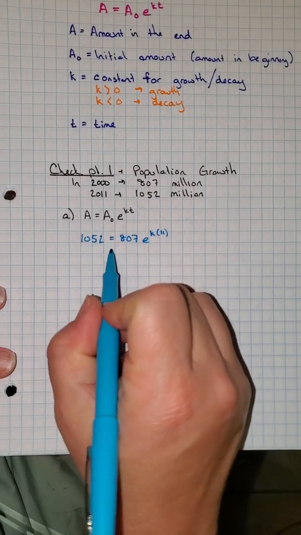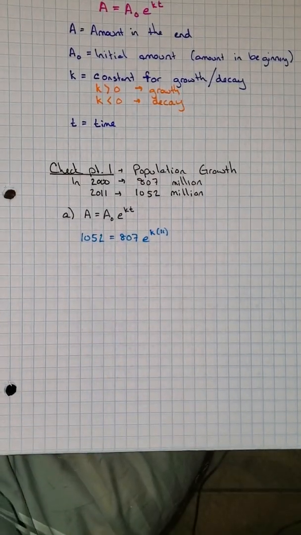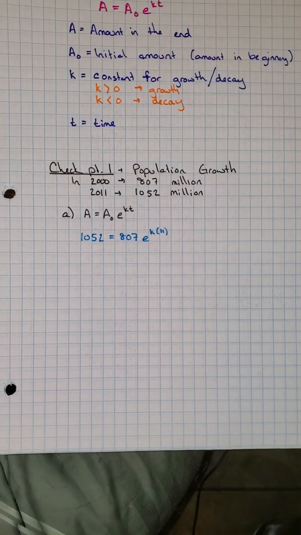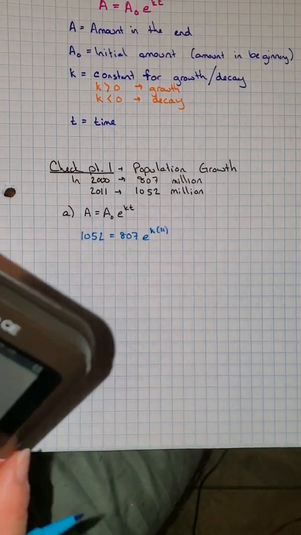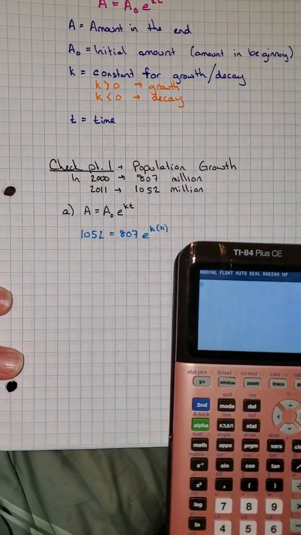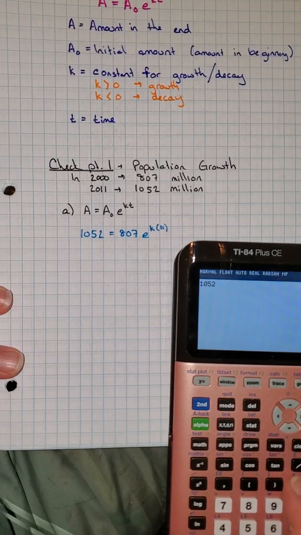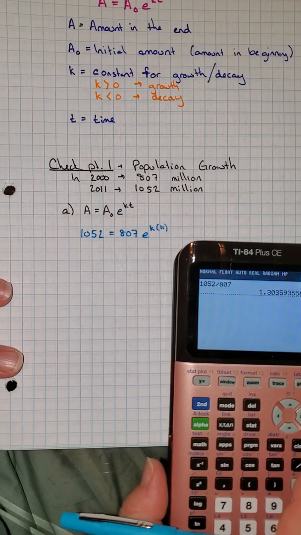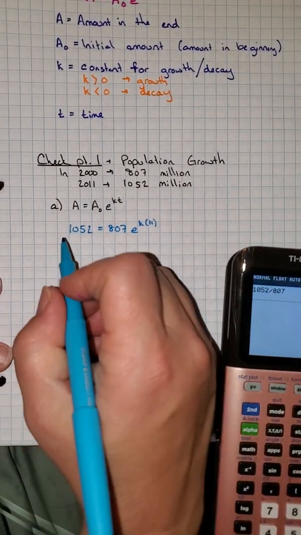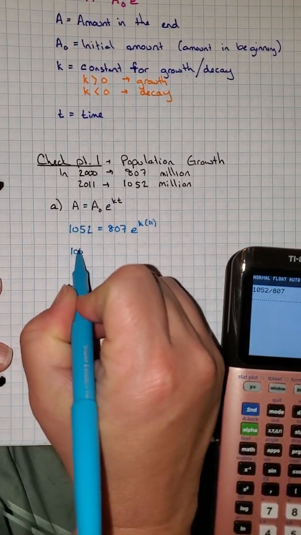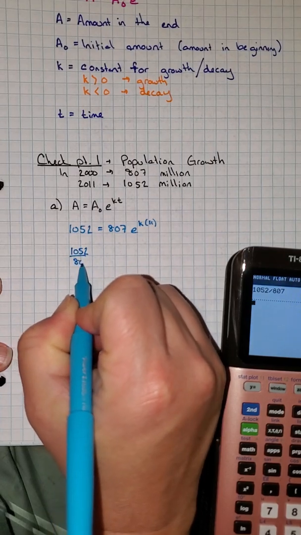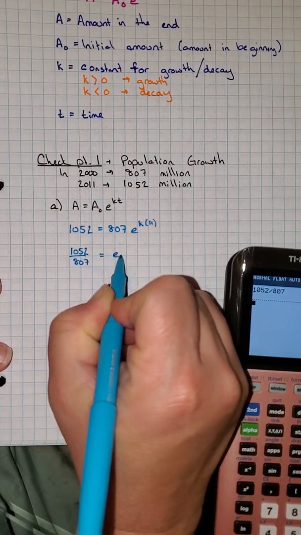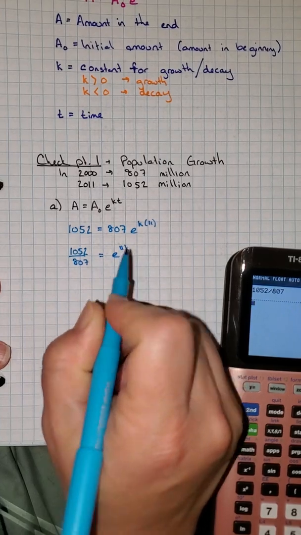So first I'm going to divide by that. It's not going to be a nice number. Like if we were to divide 1052 by 807, it's not a nice number. It'd be a number we'd have to round. So I'm just going to leave it as a fraction. 1052 over 807 equals e to the 11k.